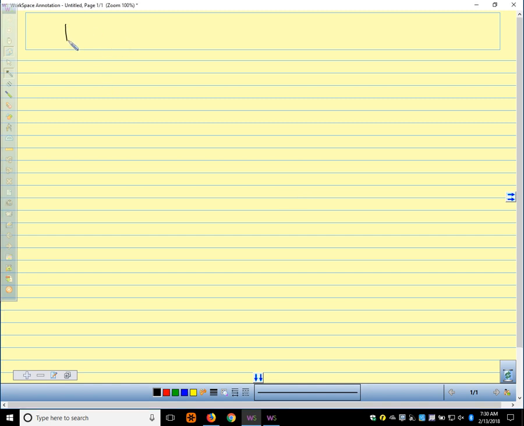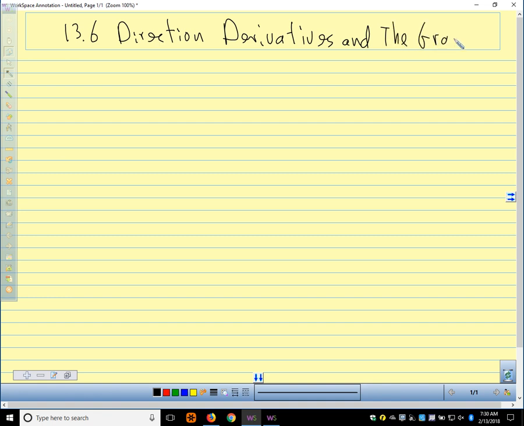So we're going to talk about directional derivatives, and the gradient. The gradient is going to be our first really major result in multivariable calculus.